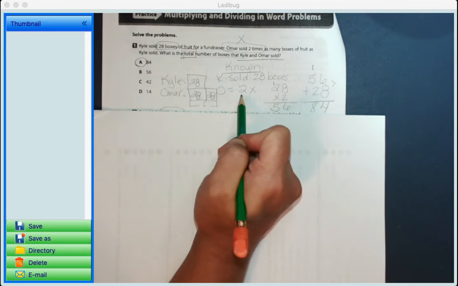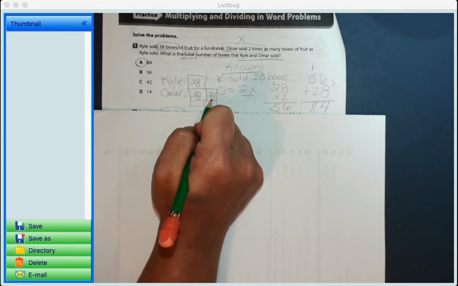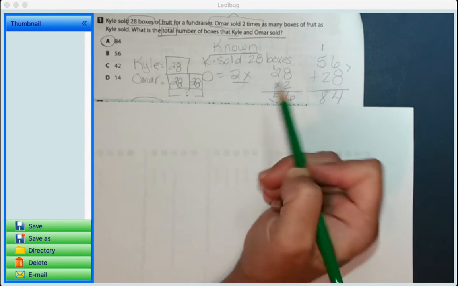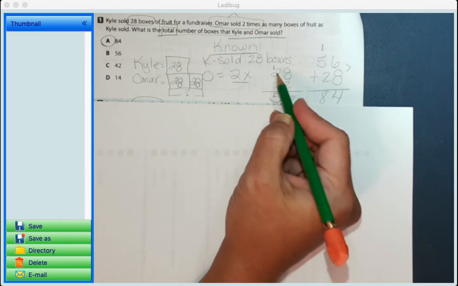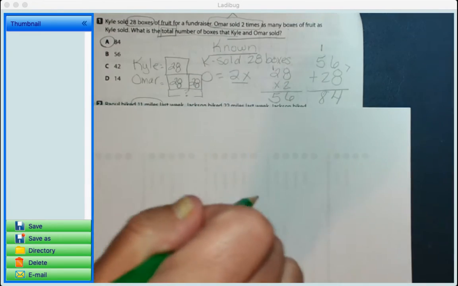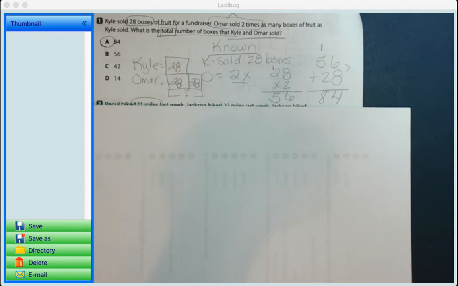So what I did was I knew Omar sold 2 times as many boxes. So I started with my 2 boxes for Omar, and then I put the 1 for Kyle. But then, if I multiply 28 times 2, I get 56, because I know Omar had 2 times as much as Kyle.